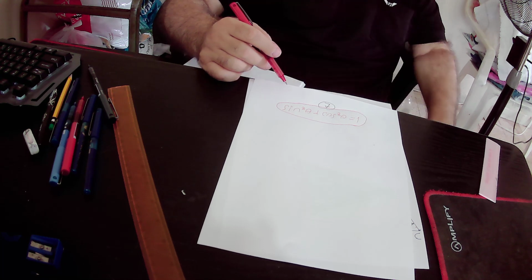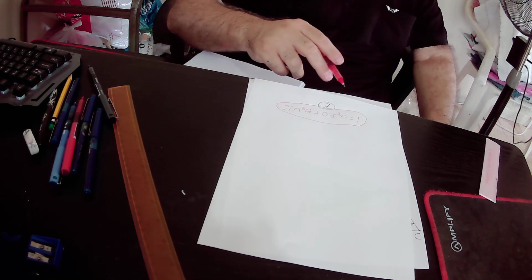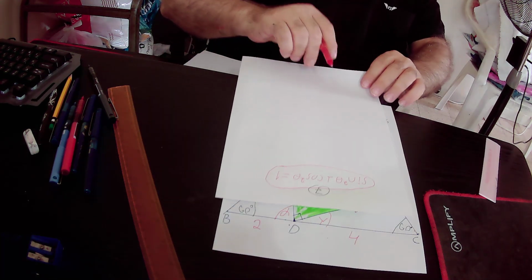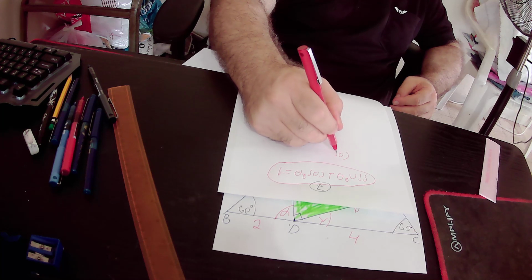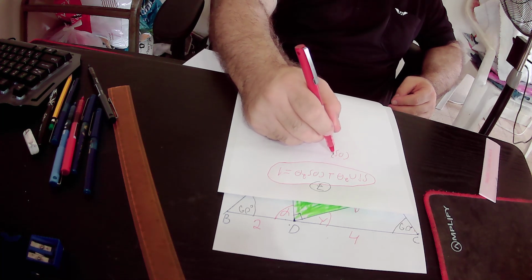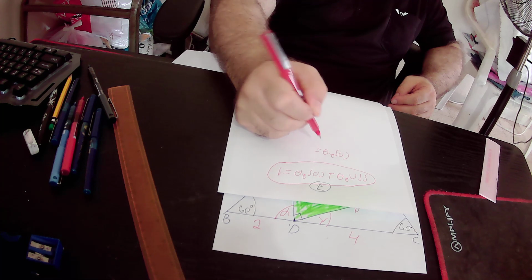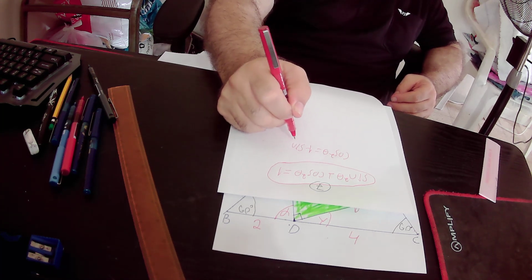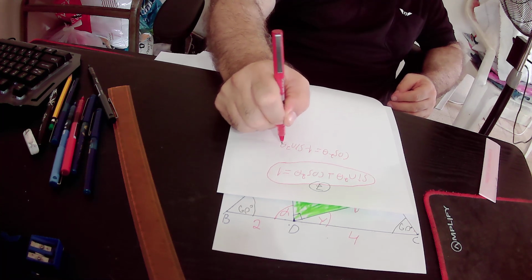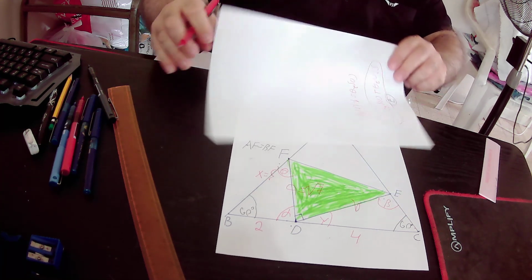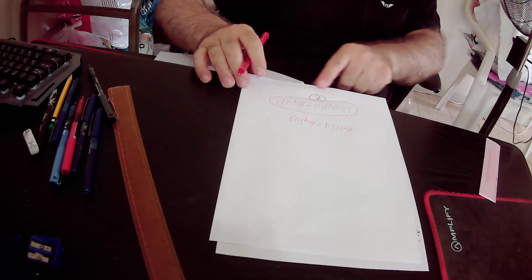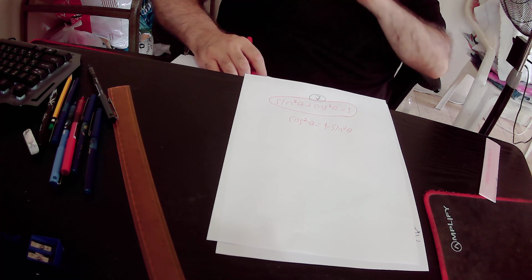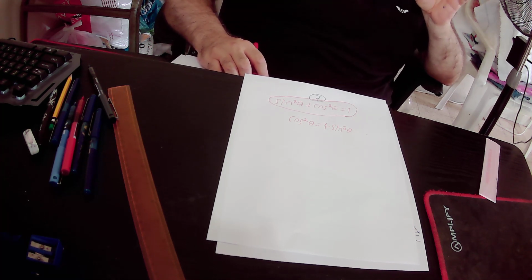Here we will subtract sinus theta squared from this identity, and we get that cosinus theta squared equals 1 minus sinus theta squared.